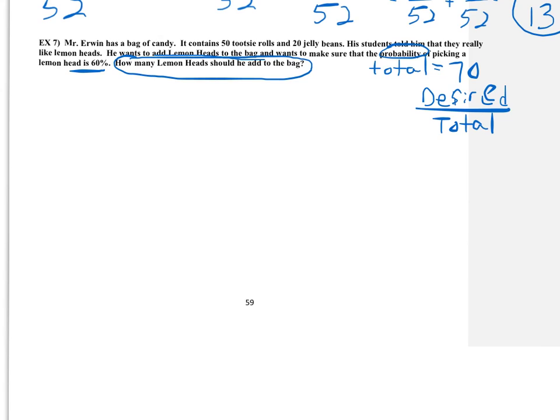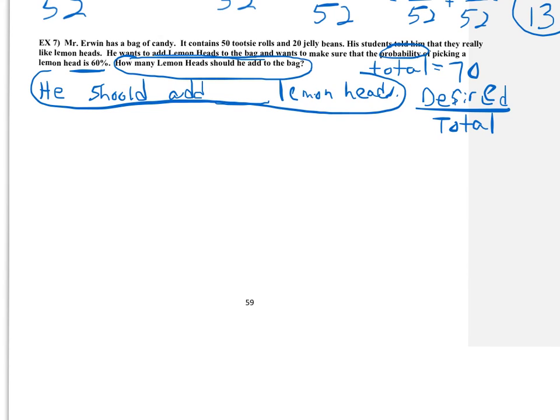So my answer, again, I always start with the end in mind. My answer is, let's just write it out. He should add blank lemon heads. This is going to be my answer. I'm just going to circle it now, and then I'm going to fill in that blank in a second.